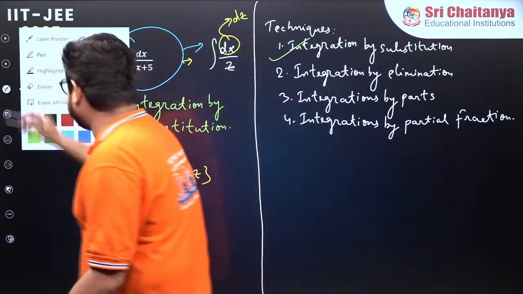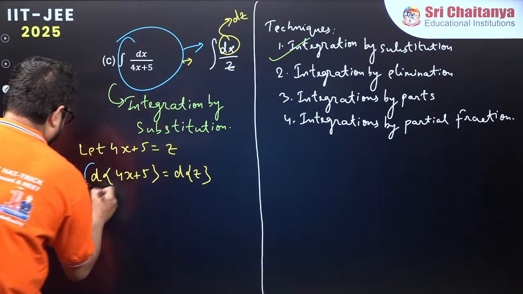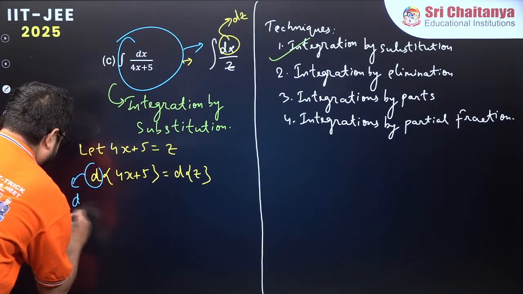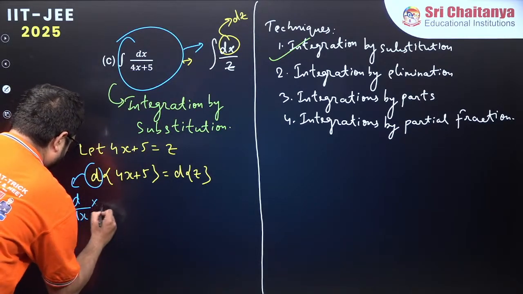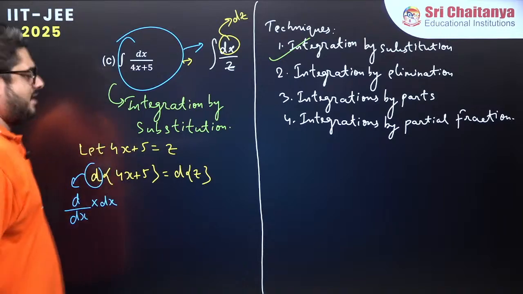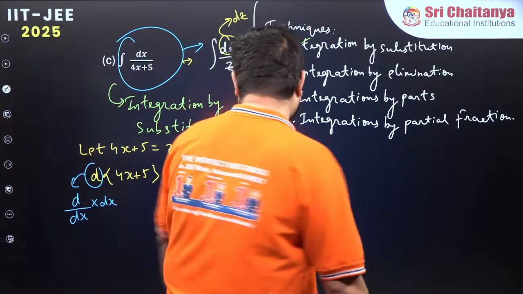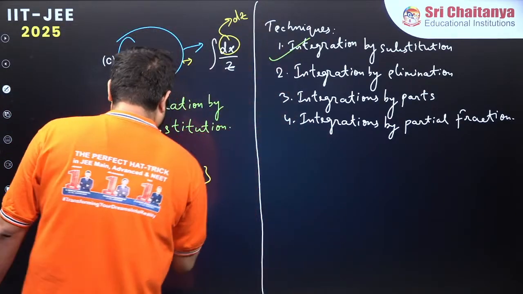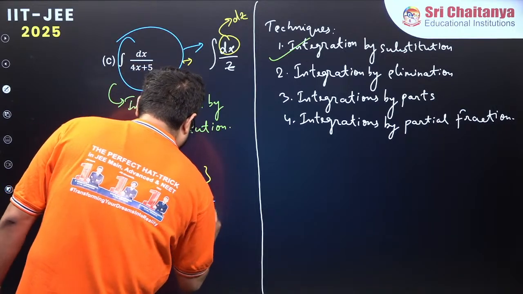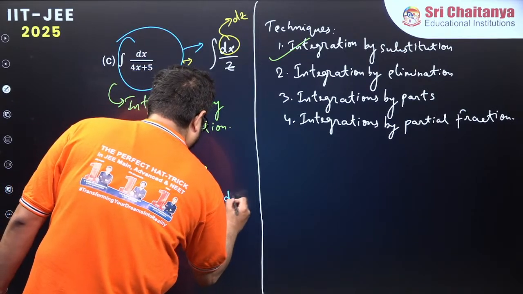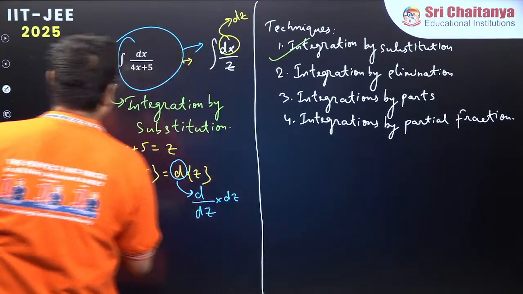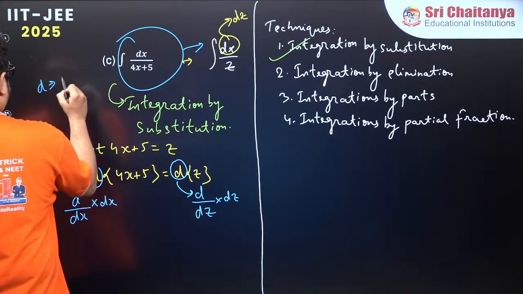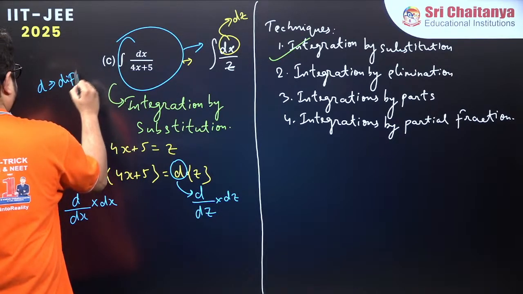The d which is present in the LHS is nothing but d by dx into dx. And the d on the RHS has the significance of d by dz into dz. So that's why we call this d the differential form.